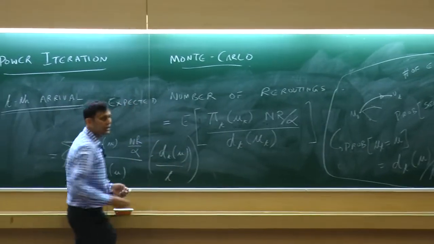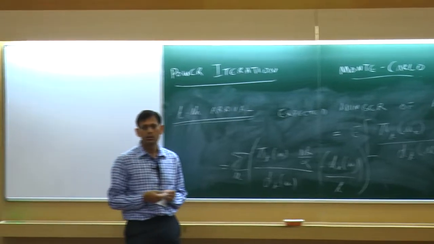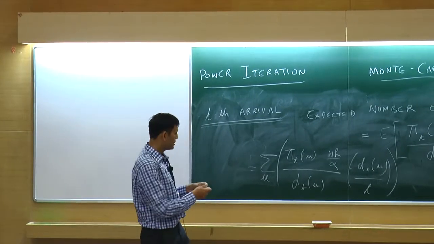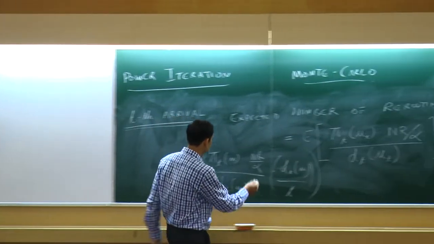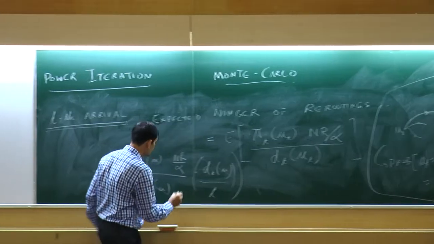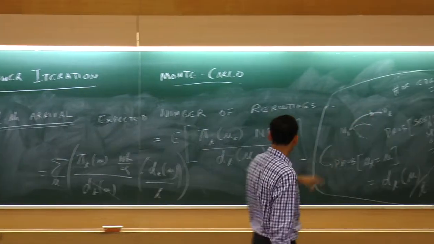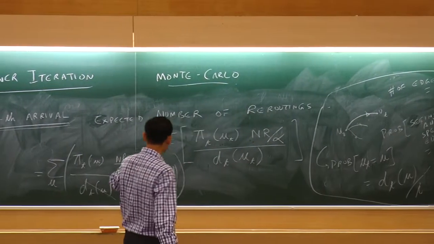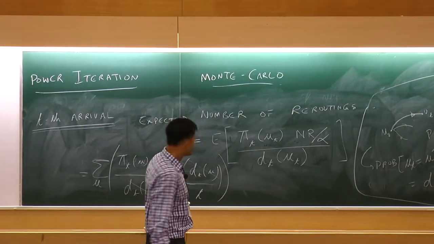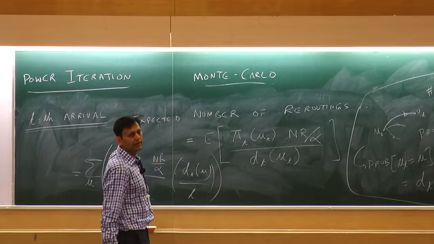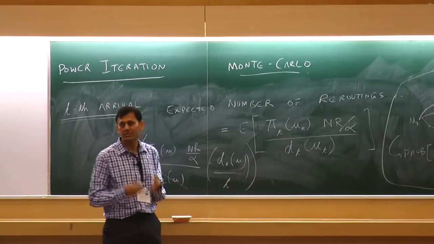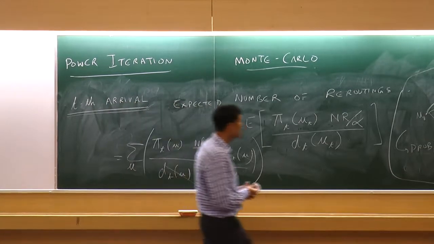And this dtu over t is the probability that I saw u in the very last step. And so the dt cancels out nicely. The 1 over t is the 1 over t that you see there. The nr over alpha is the nr over alpha that you see there. And the summation of pi tu is 1 by definition, because pi tu is the page rank, the stationary distribution of some random walk.